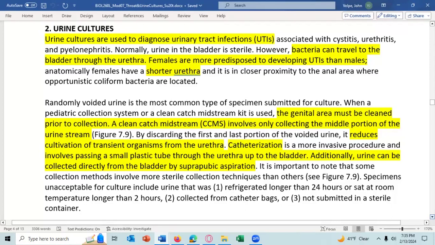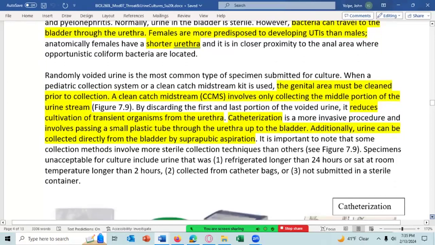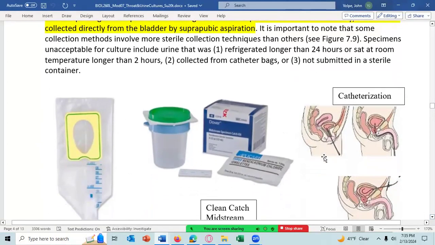Even if you clean the genital area prior to doing the sample and you do the clean catch midstream, catching the urine midway through, you can insert a catheter up the urethra into the bladder, and that will be cleaner.